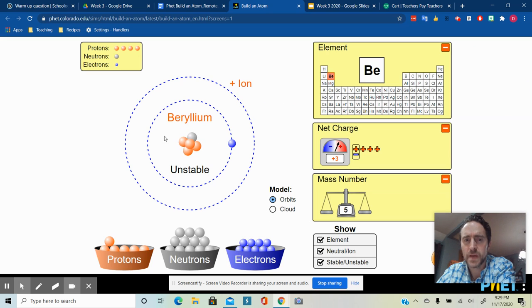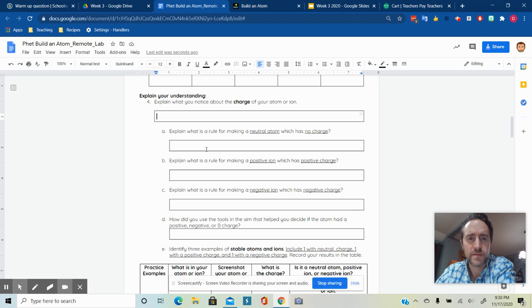Where is that +3 coming from? How am I getting 3 with the numbers I've got here? I'll tell you, neutrons don't count because they're neutral. There's no charge. But I've got 1, 2, 3, 4 plus signs and 1 negative sign. So I can see these are cancelling out. Again, play with that and see if you can figure it out.